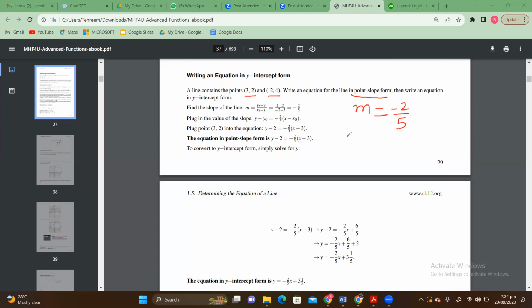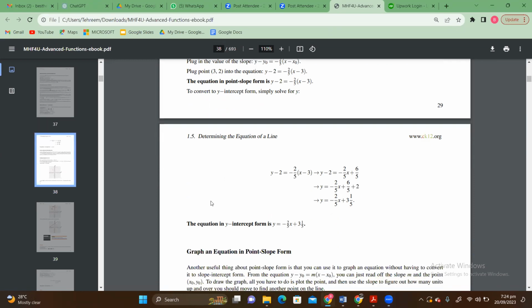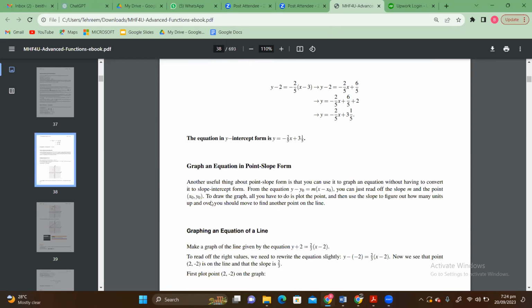Okay, so y is equal to minus 2 by 5 x plus 6 by 5 plus 2, which is minus 2 by 5 x plus 16 by 5. Yes, that's good. And what else? You're done, right? Yes, done. Equation in y-intercept form.